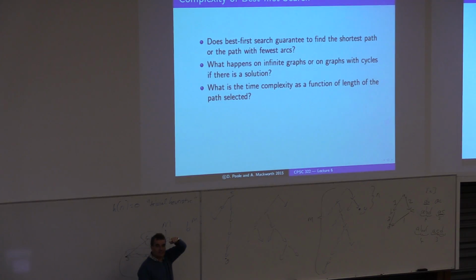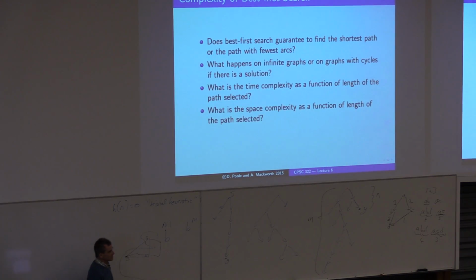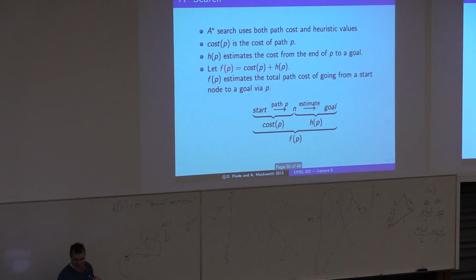So the answer is it's exponential. The space complexity is also exponential. The frontier can just keep growing. Every time you go a step, we can start doubling things up. And it turns out it has all the worst properties of everything we've seen so far. But the goal, however, does affect the search. So we've at least got something.